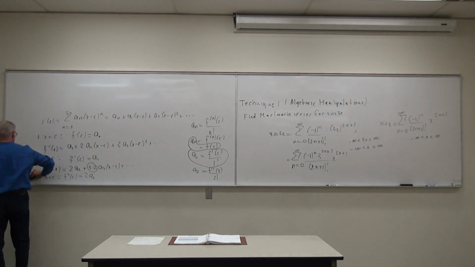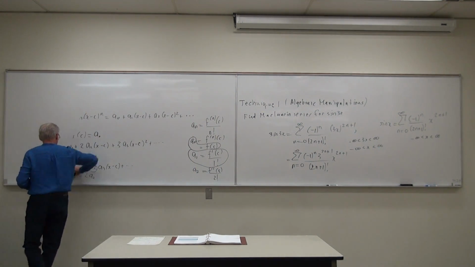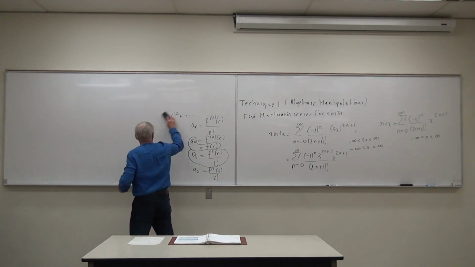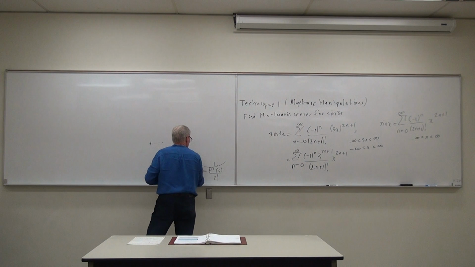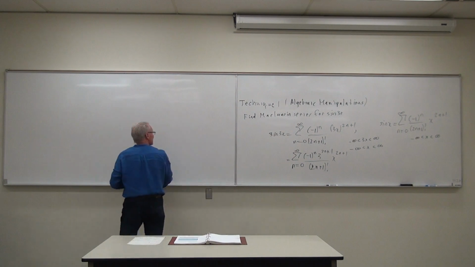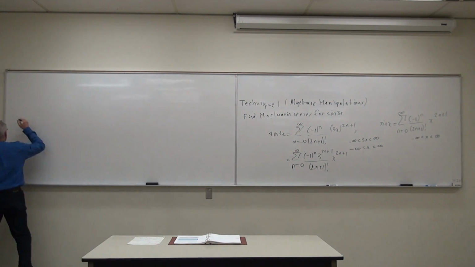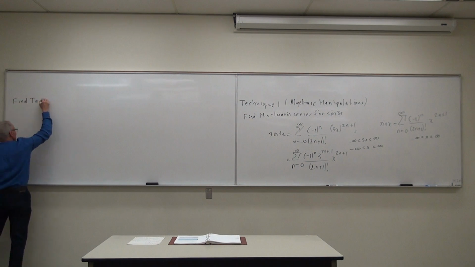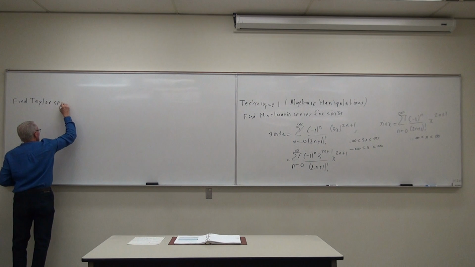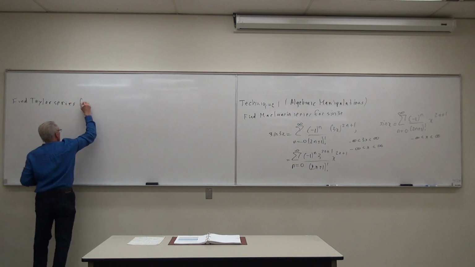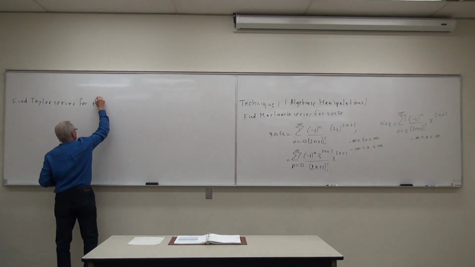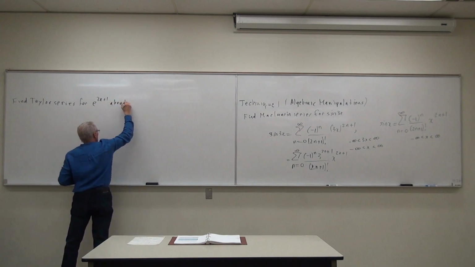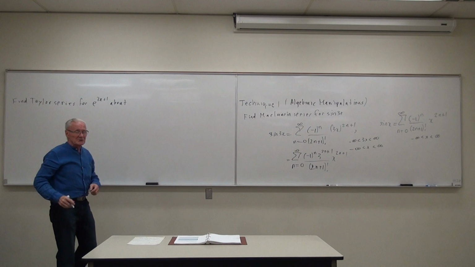Second example. Find the Taylor series for e to the 2x plus 1 about, and if you were here, I'd like to pick the number.